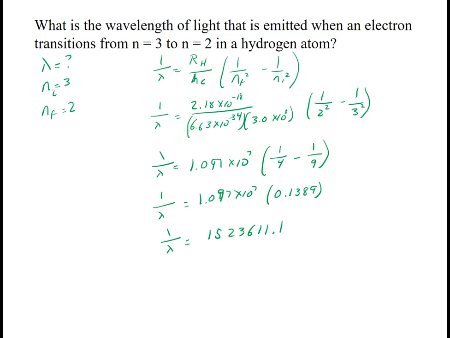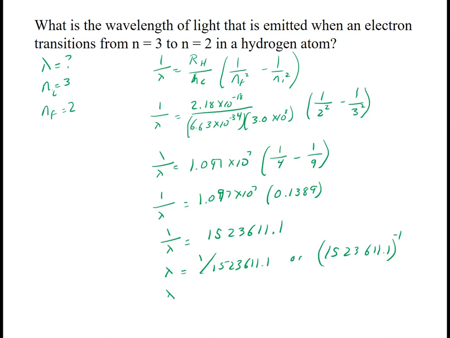So 1 over lambda is 1,523,611.1. But this is 1 over lambda, so if I take 1 divided by lambda, I get lambda. I can enter this as 1 divided by 1,523,611.1, or I can say 1,523,611.1 to the negative 1.